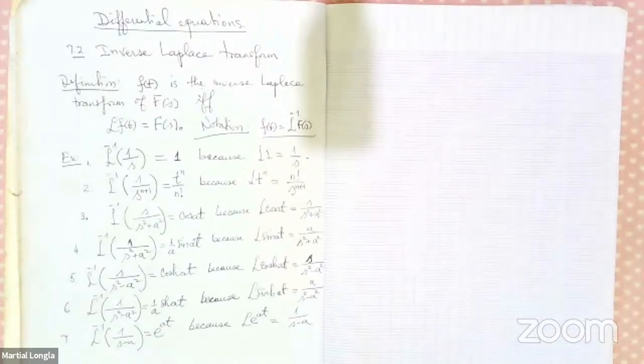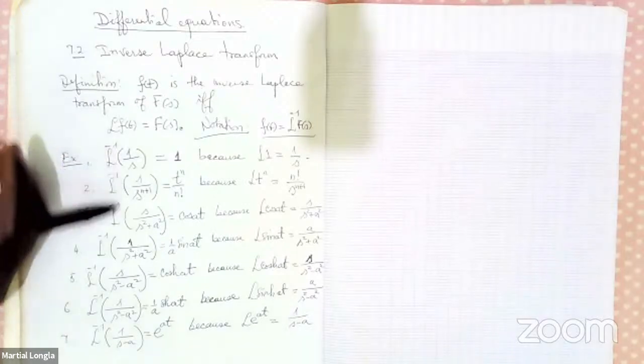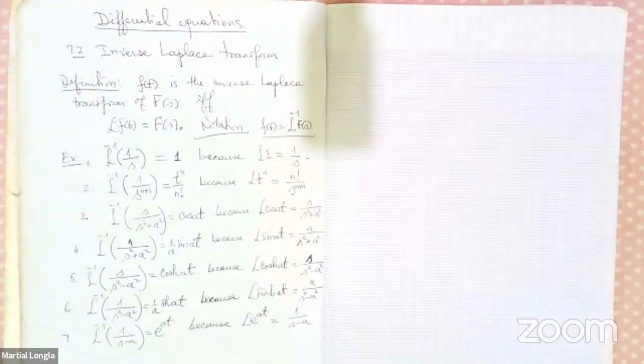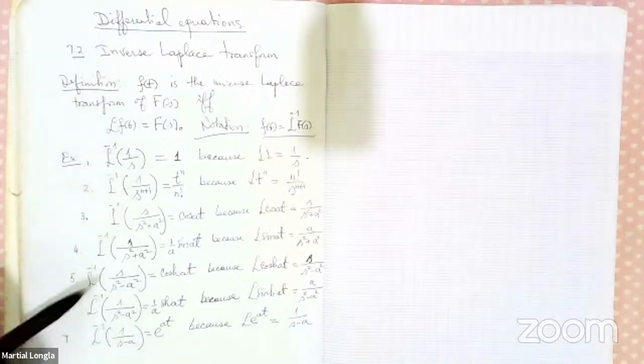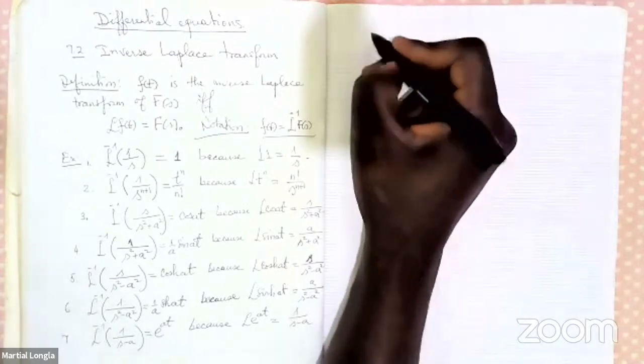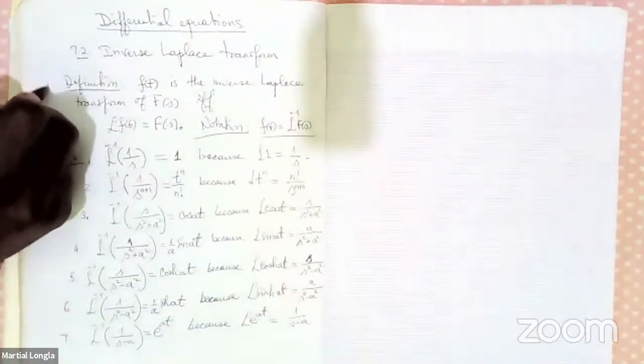Now, in general, when you're asked to find the inverse Laplace transform, they are not going to be given to you in this simple form. They can be given to you in forms of a polynomial. Therefore, you need to do partial fractions to get the basic formulas that you have here and identify them.